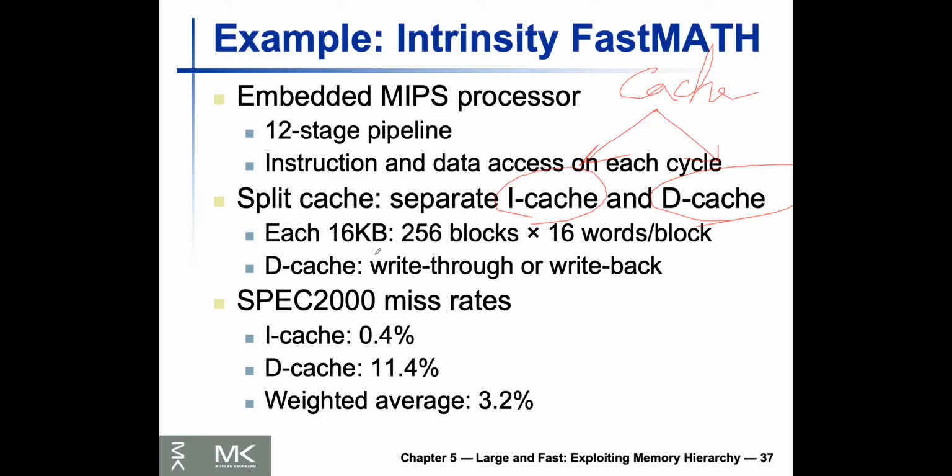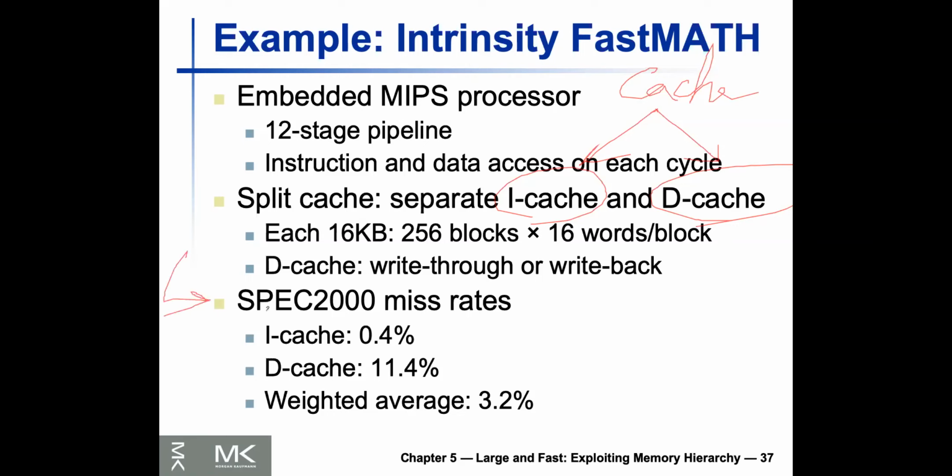So that was the architecture of this Intrinsity FastMATH. Each of those had 16 kilobytes, and within this size of 16 kilobytes, you had 256 blocks of 16-word blocks. If you multiply them, that would be 16 kilobytes for each, okay? And your D cache, or your data cache, was using write-through or write-back, all right?